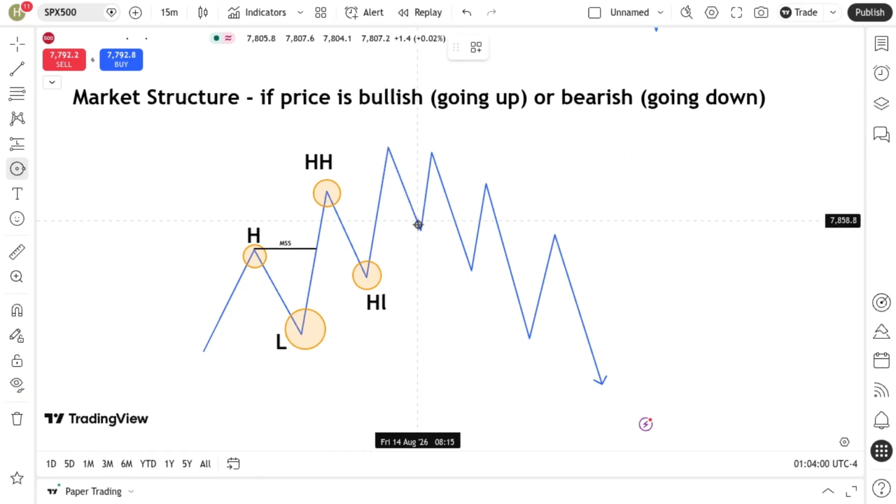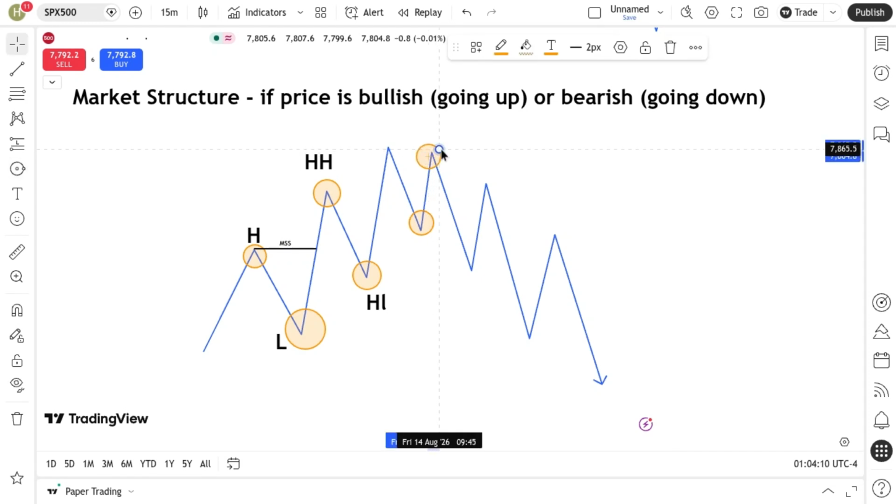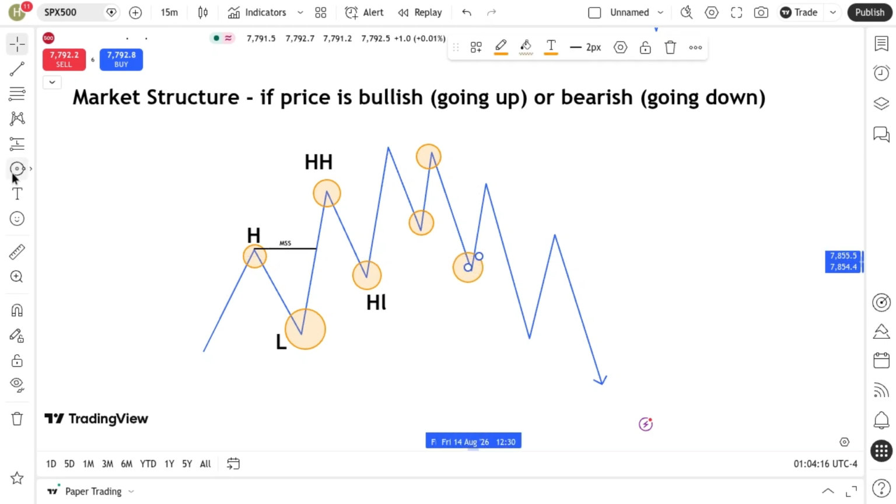Now on the other end, we go down, we go up, we leave a low, we go up, we go down, we leave a high, we go down, we go up, we leave a low, we go up, and we go down, and we leave a high.